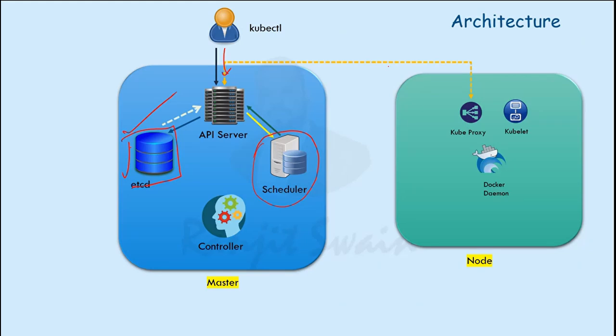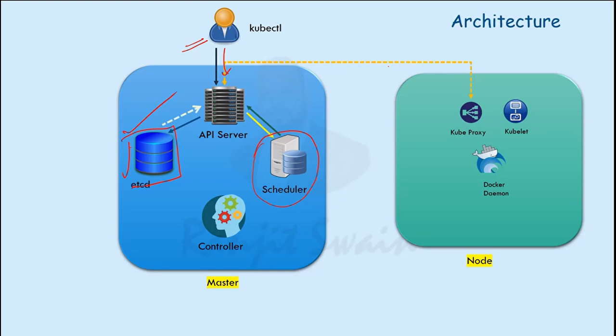So which node machine it should connect to for the query sent by kubectl is decided based on the input given by the etcd database, because the database has all the information. Then the API server scans the etcd database, gets the information, and sends it back to the scheduler. Then the scheduler, based on the input provided by the API server, checks it and connects back to the node.